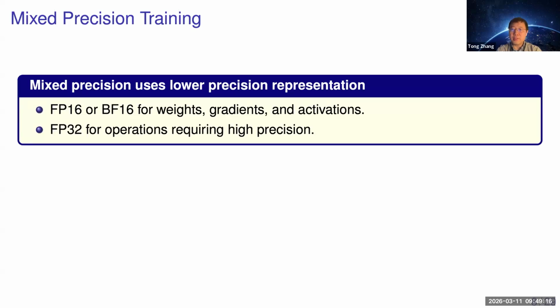Essentially, in the standard CPU computation, a floating point is 32 bits. It's basically 4 bytes, right? Double precision is 64 bits, 8 bytes. But we usually work with single precision, which is 32 bits, 4 bytes.